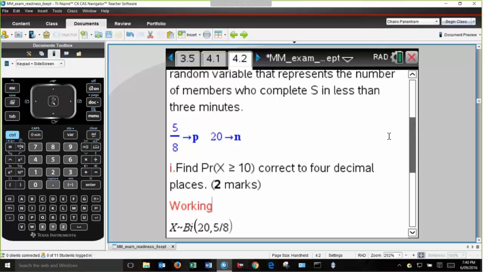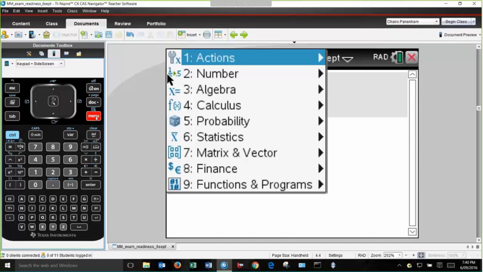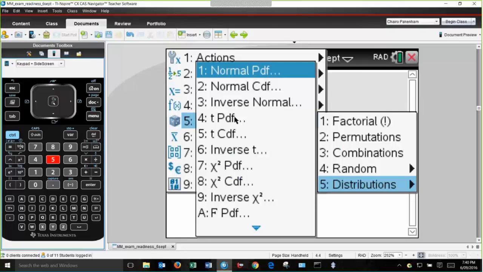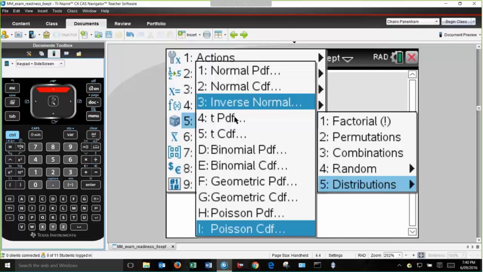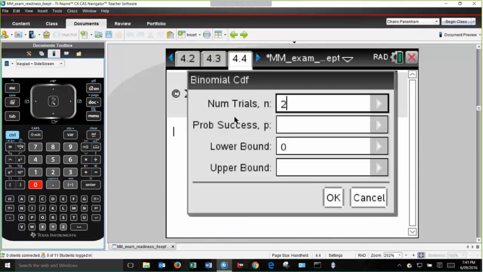Okay, so this is on a calculator page. I know N and I know P. So quite simple: menu, probability, distribution, number 5. Now I can't see binomial, but if I hit the up button, I see that it's E. So the number of trials, 20.